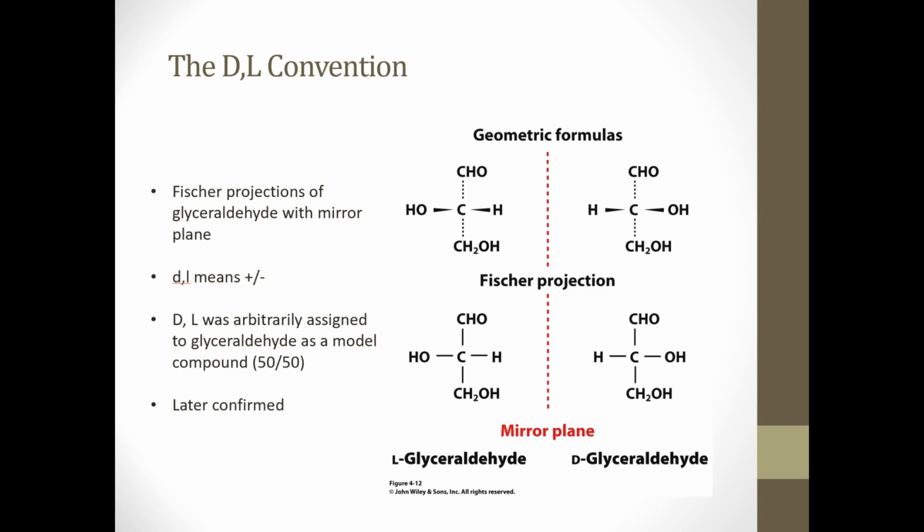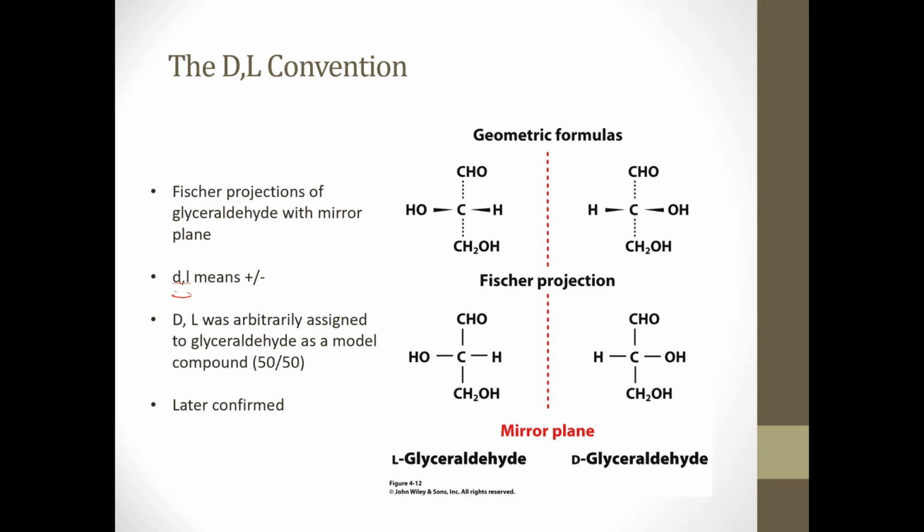Now, that person got lucky, and big D, big L for glyceraldehyde corresponds to little d, little l, which stand for dextrorotary and levorotary, which are optical rotation terms for positive rotation and negative rotation. In glyceraldehyde, big D corresponds to little d and big L corresponds to little l. The guy got lucky.